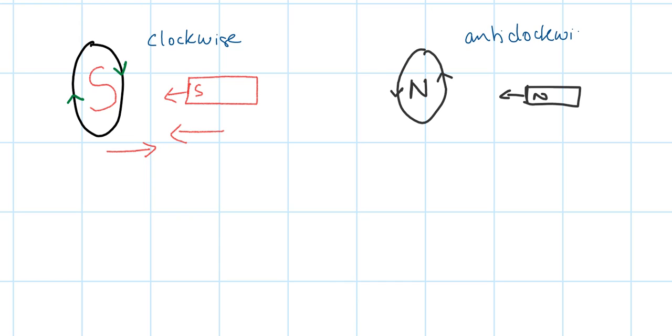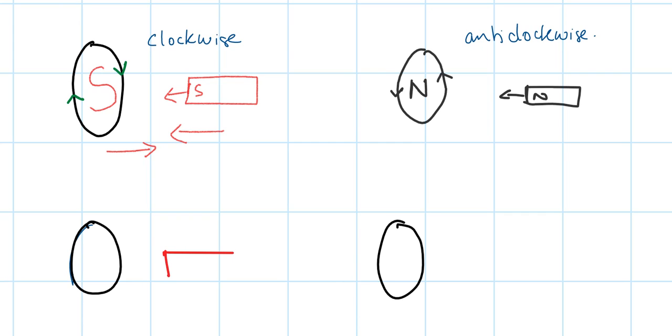Now can you predict what happens when you are not pushing but instead you pull those magnets away from the coil? Suppose you have the south pole facing the coil.